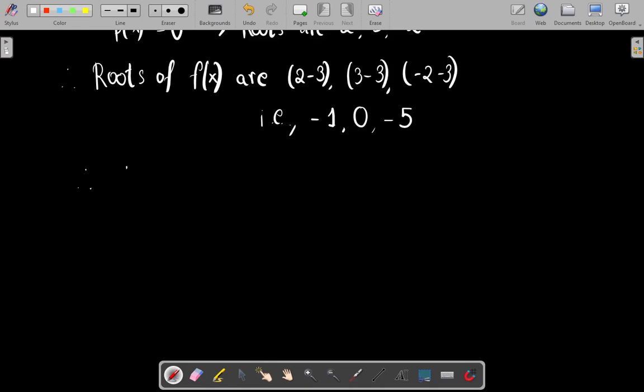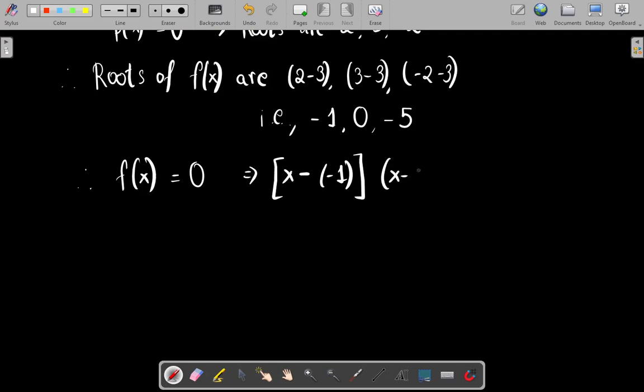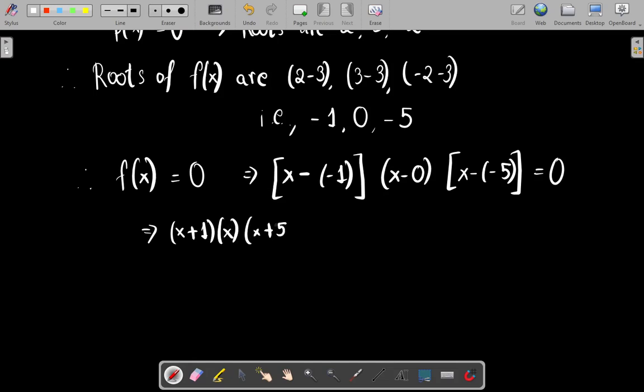Therefore f(x) equal to 0 will be x minus the first root, times x minus the second root, times x minus the third root. If alpha, beta, gamma are the roots of the equation, then x minus alpha times x minus beta times x minus gamma is equal to 0. This is the reverse of the factor theorem. So this implies x plus 1 times x times x plus 5 is equal to 0.